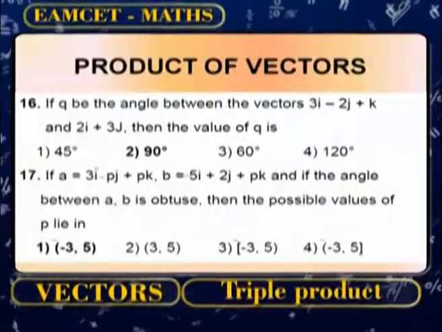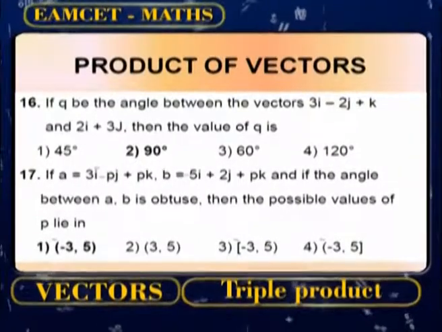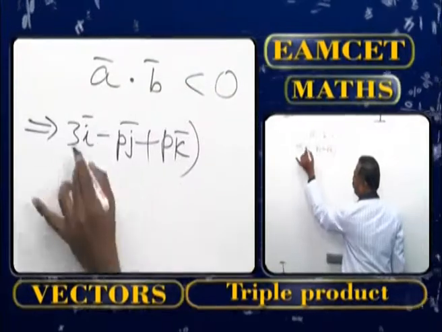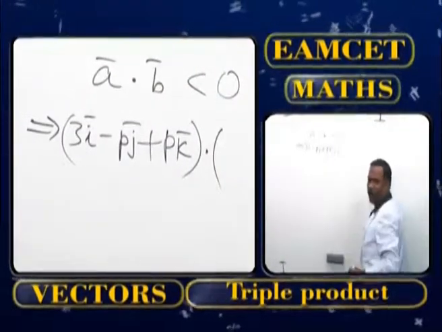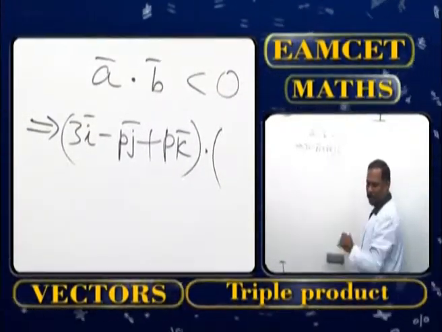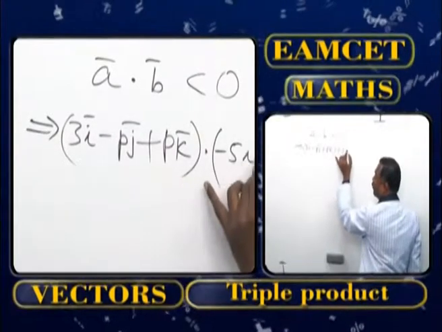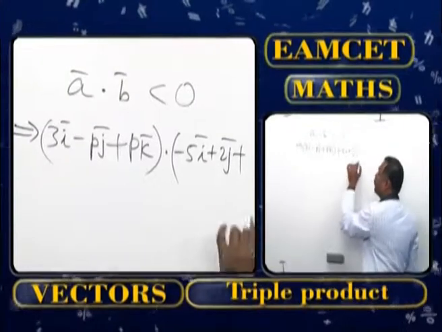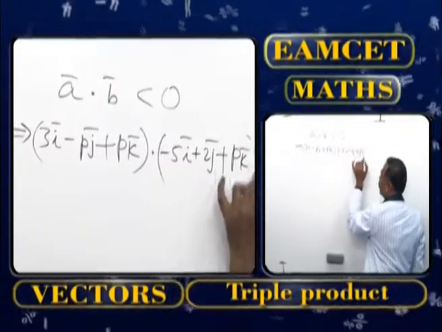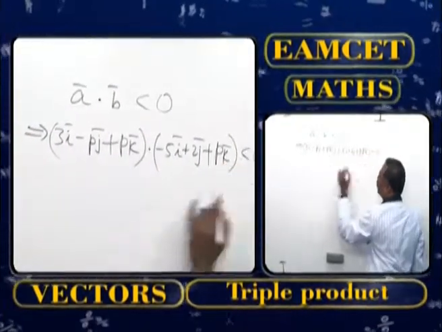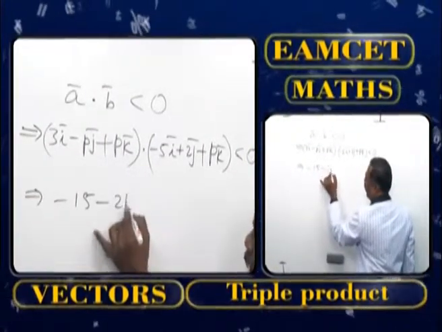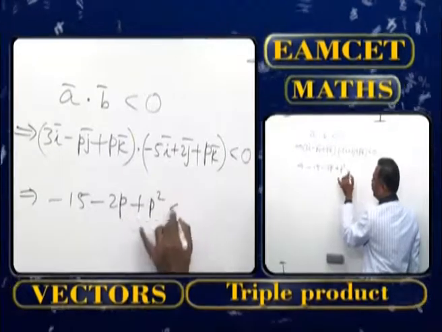3i minus pj plus pk dot b bar, which is minus 5i plus 2j plus pk, should be less than 0. This implies minus 15 minus 2p plus p square is less than 0.